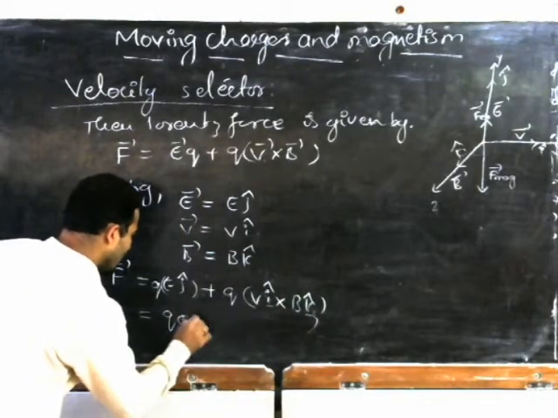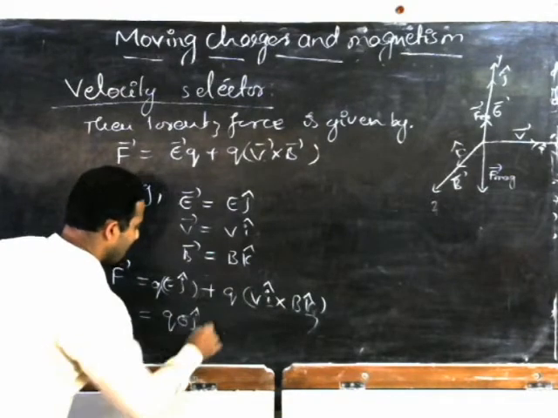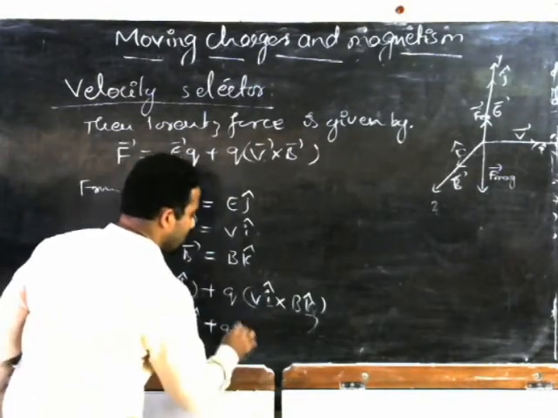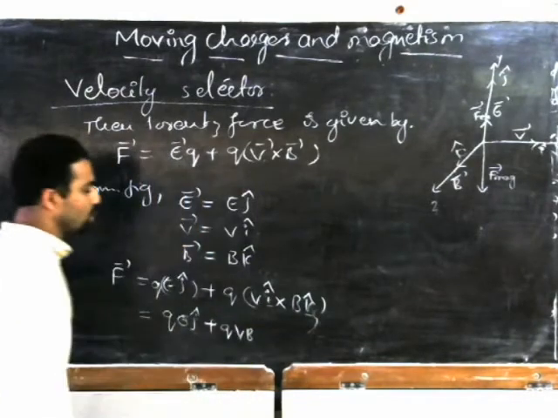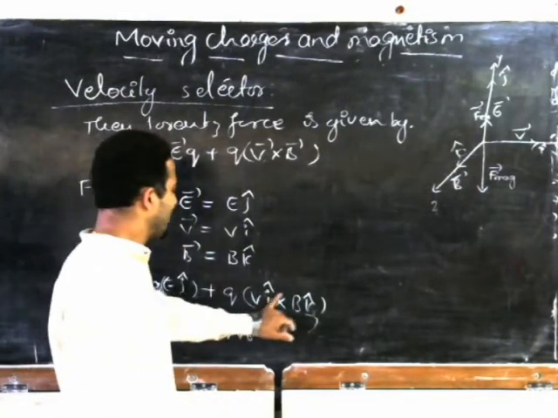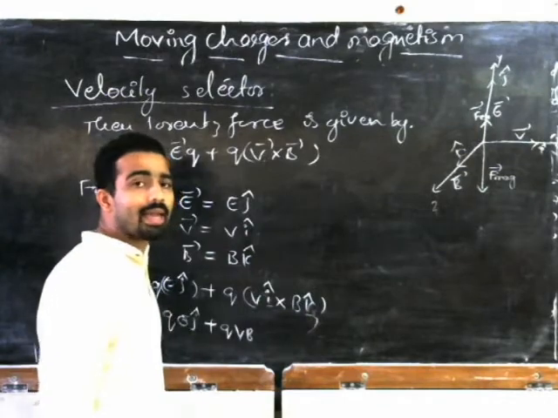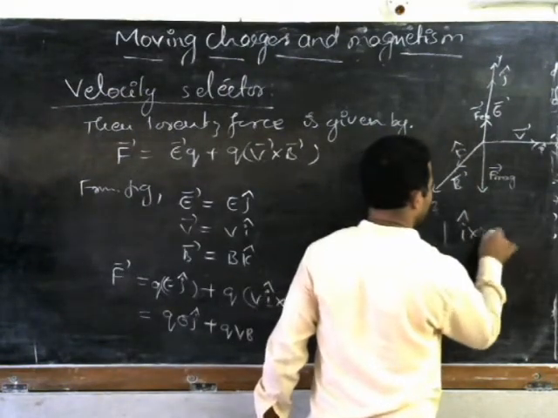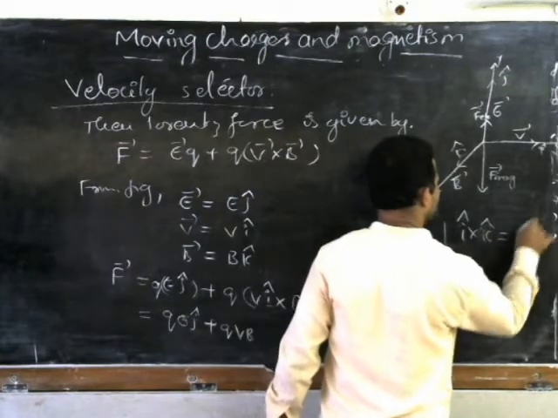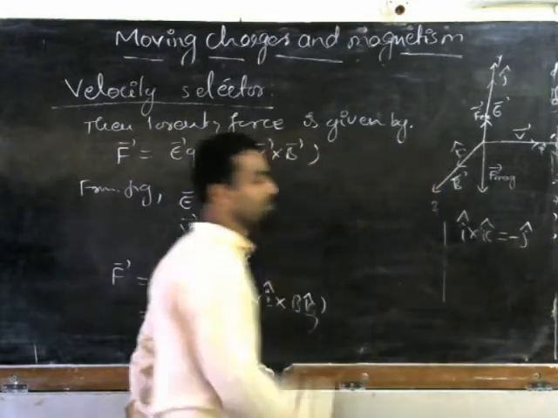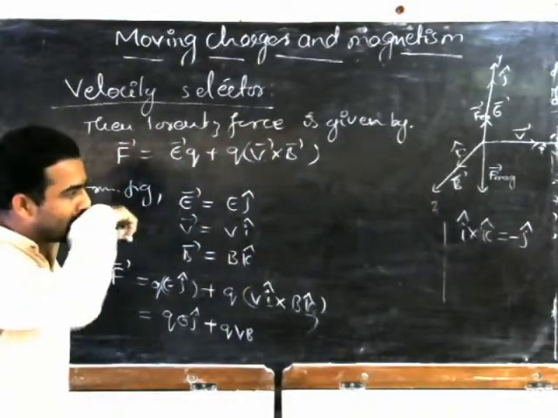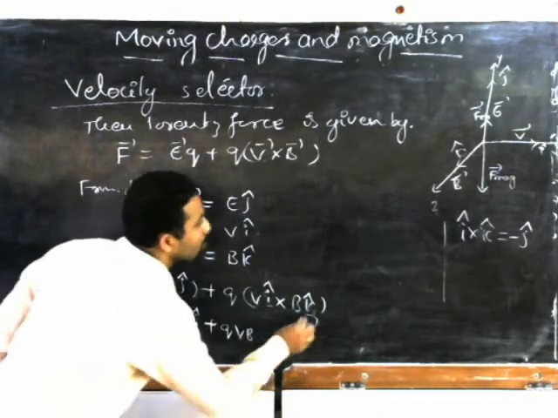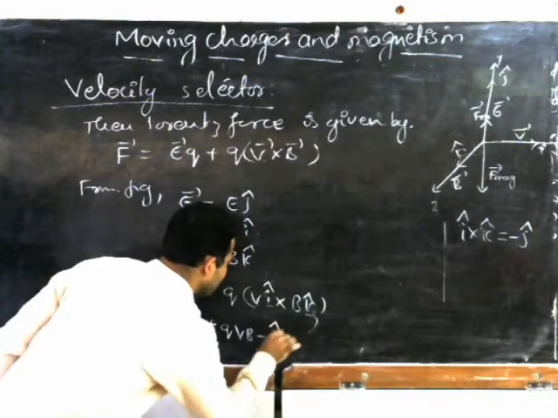So qE j cap plus q into, these are the constant values here, q into VB, i cap cross k cap. i cap cross k cap is minus j cap. We have discussed that in the first year. So it will be minus j cap.